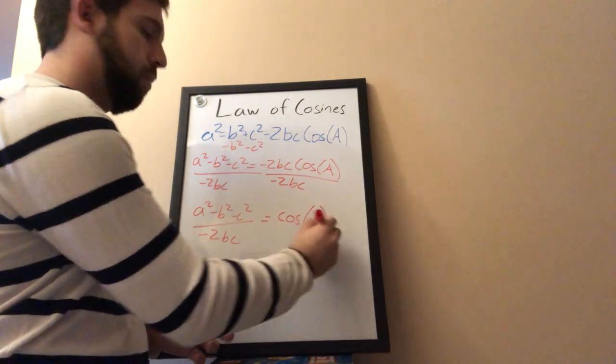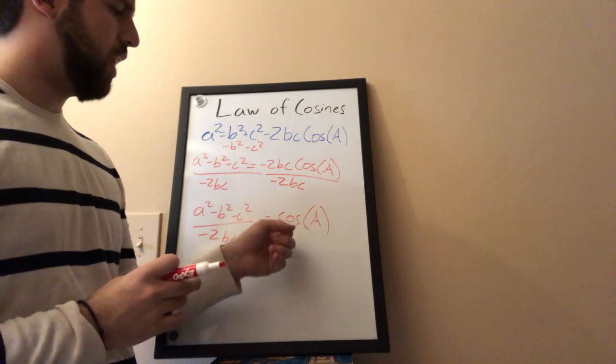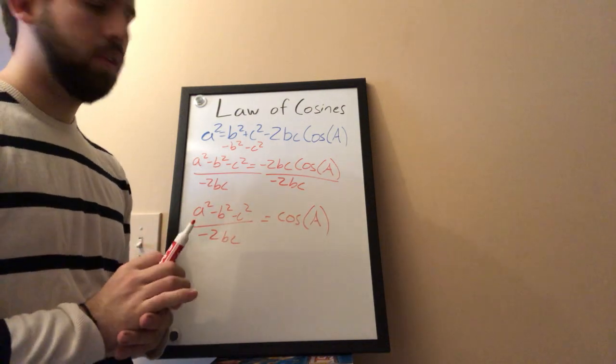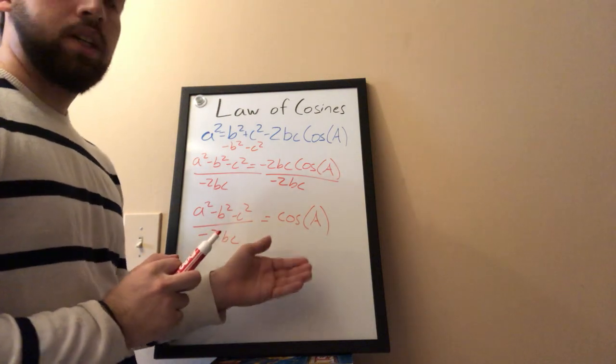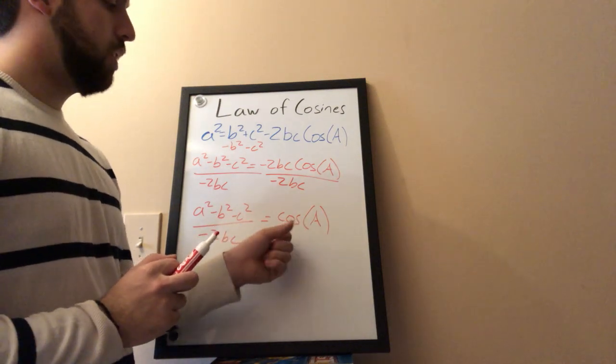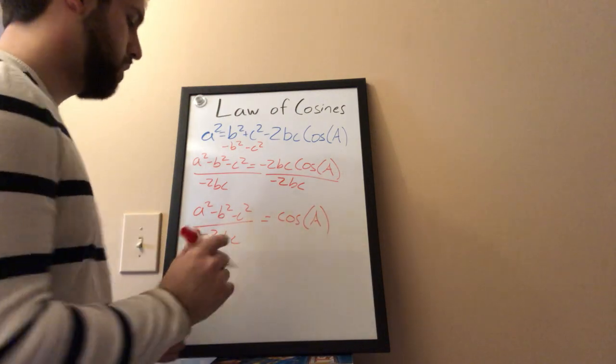of angle A. And now, if I want to get angle A by itself, I have this cosine times angle A. So to undo that function or get rid of it, I need to take the inverse. And since it is cosine of angle A, I want to take cosine inverse of both sides.